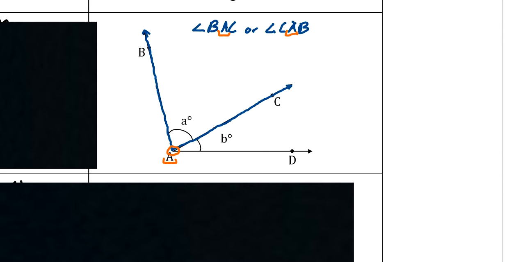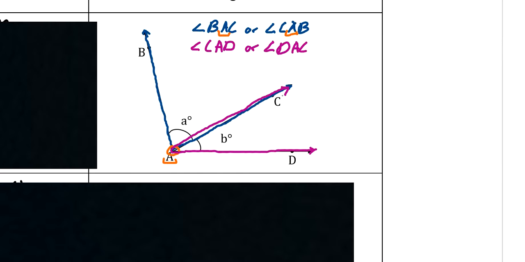The other way I could label this is sometimes using just 1 letter, but I actually can't in this case, and I'll talk about why in a second. Another angle we have is angle CAD, which I just outlined in that pinkish purple right there.